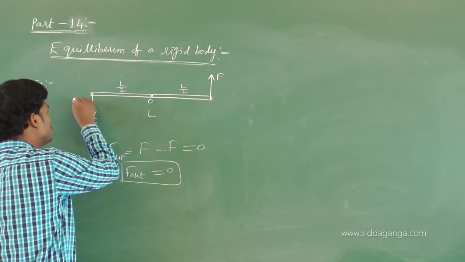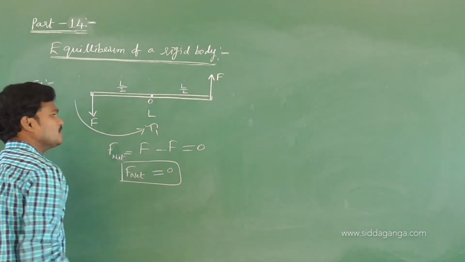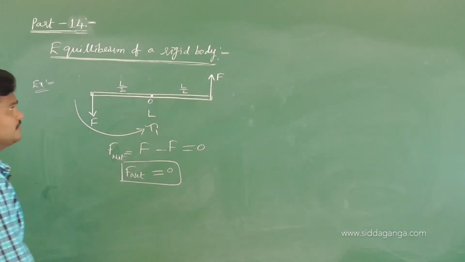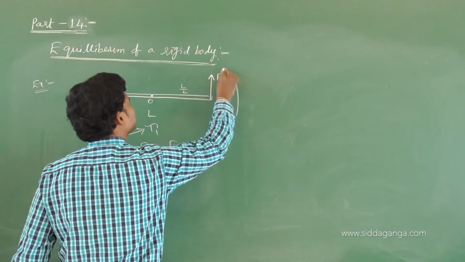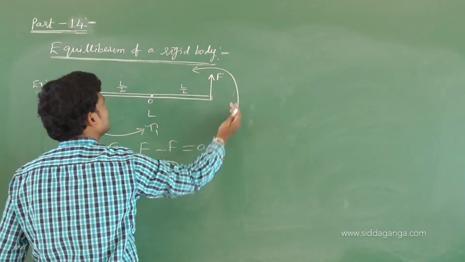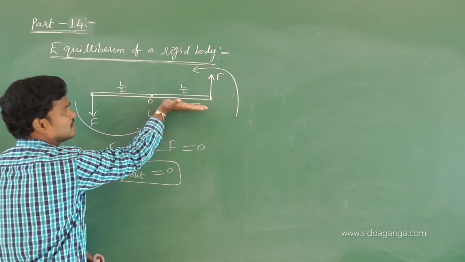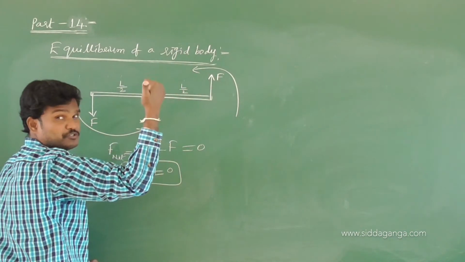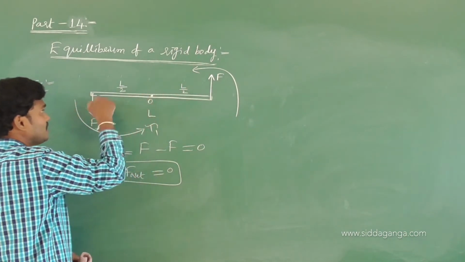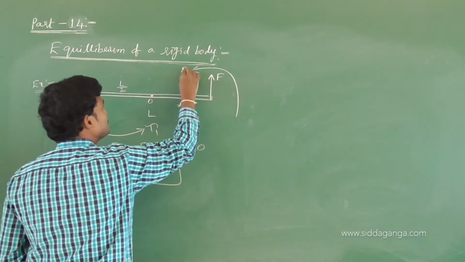This force will create an anti-clockwise torque, tau 1. Torque direction is R cross F, toward up means anti-clockwise. Here also R cross F, toward up, anti-clockwise. So this is tau 2.